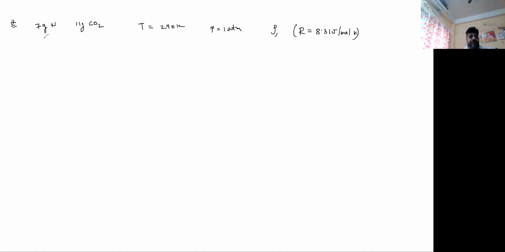Now see, 7 gram of nitrogen. So how many moles of nitrogen are there? 7 by molecular weight of nitrogen 28. That is 1/4.